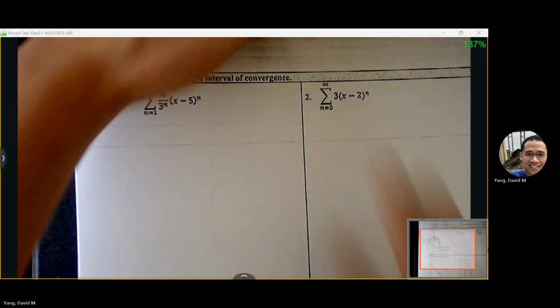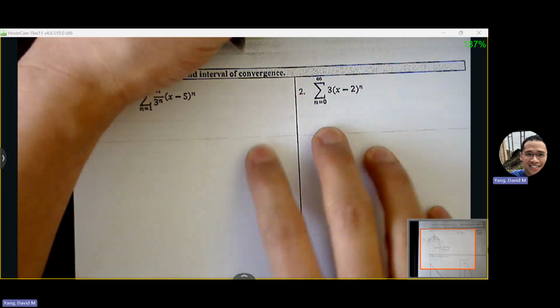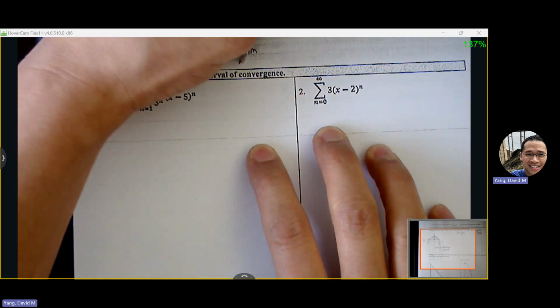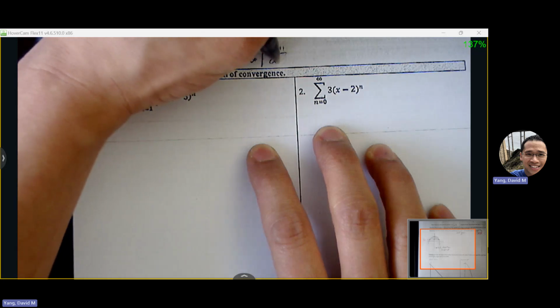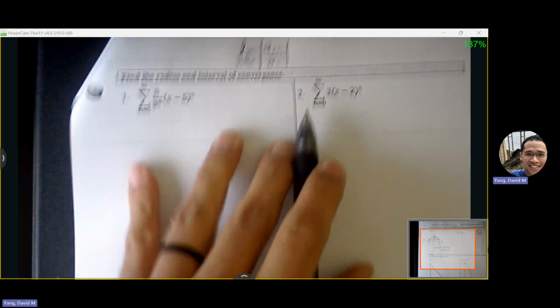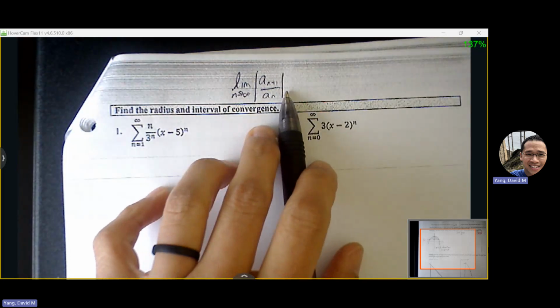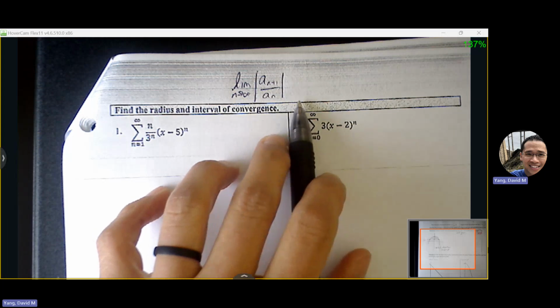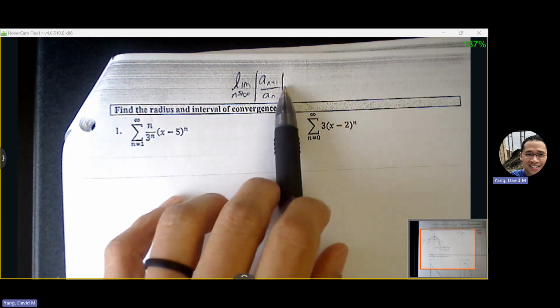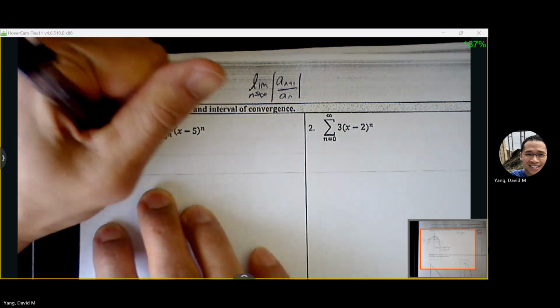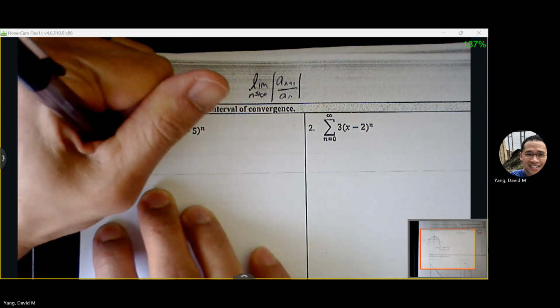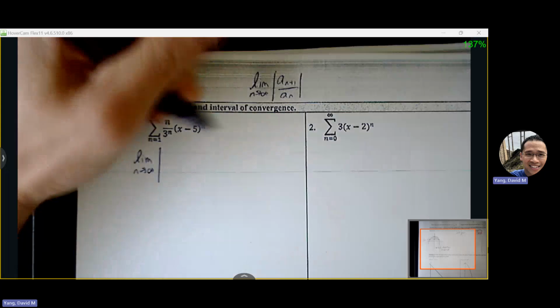So for all these problems, we're going to use the ratio test. The limit as n approaches infinity of a sub n plus 1 over a sub n, and we're always going to see what this is equal to. Typically, if there are any x's left over, we're going to see if it's less than 1. So here's my a sub n plus 1.